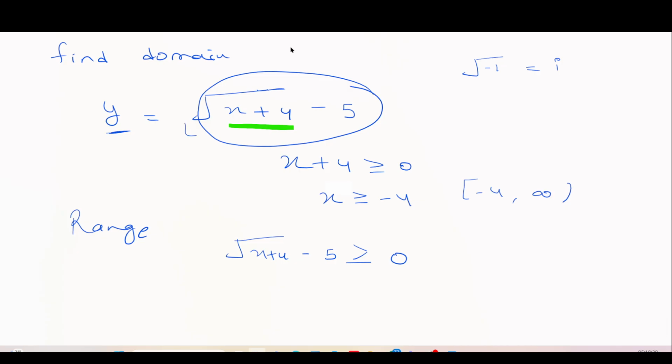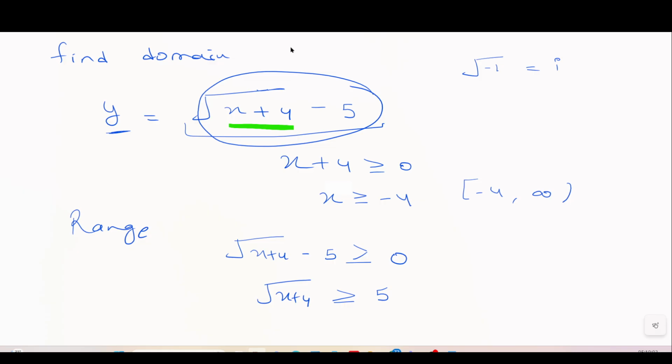If you make it greater than or equal to 0, this will become x plus 4 greater than or equal to 5.